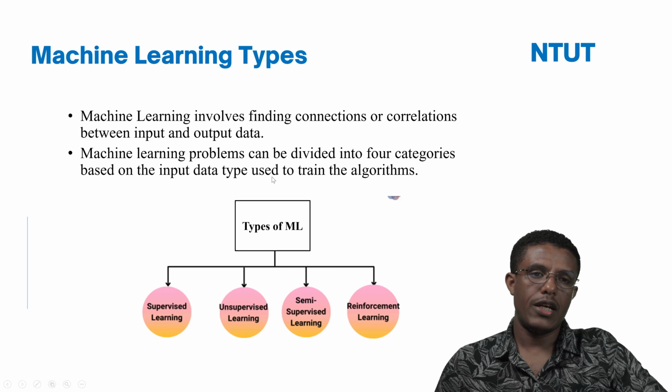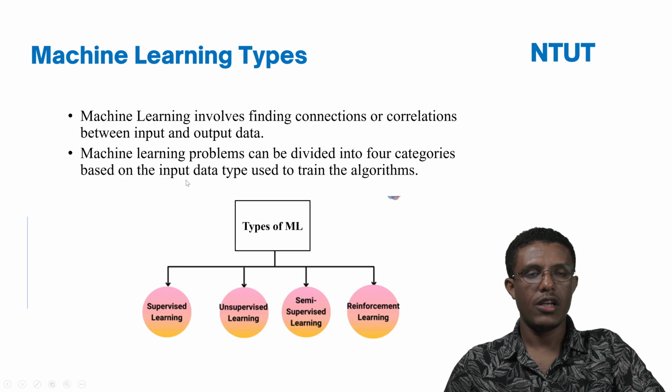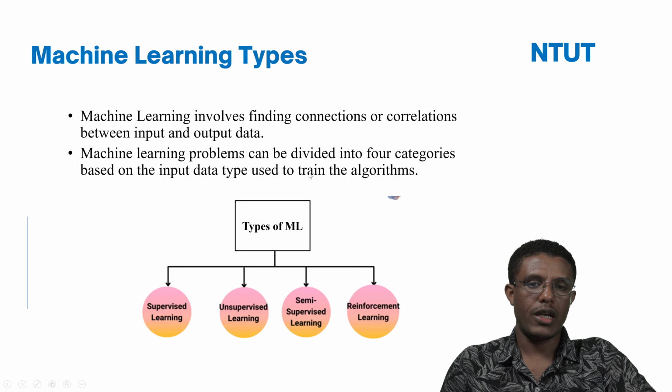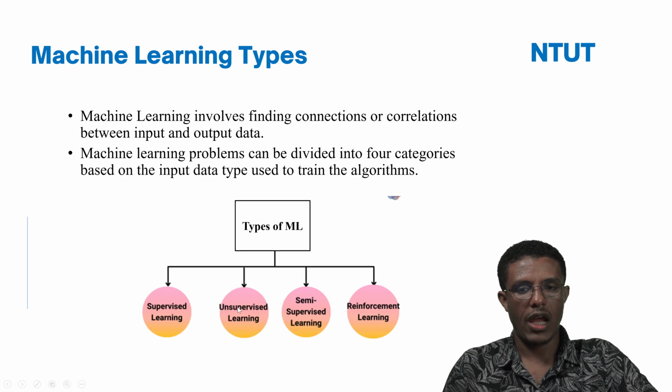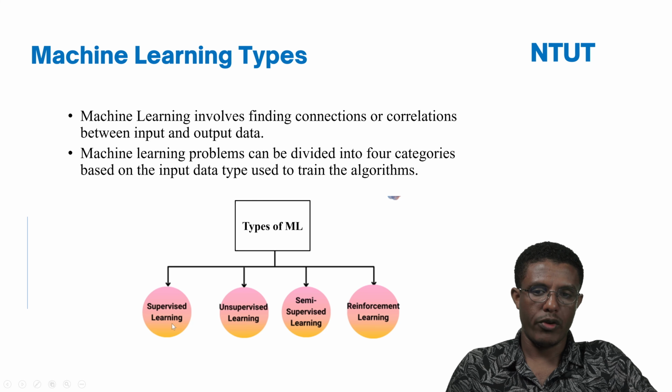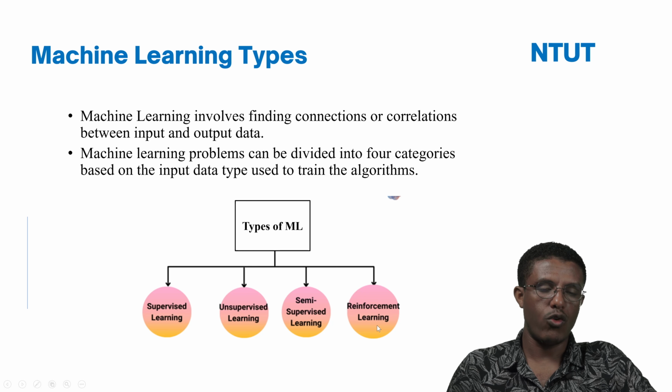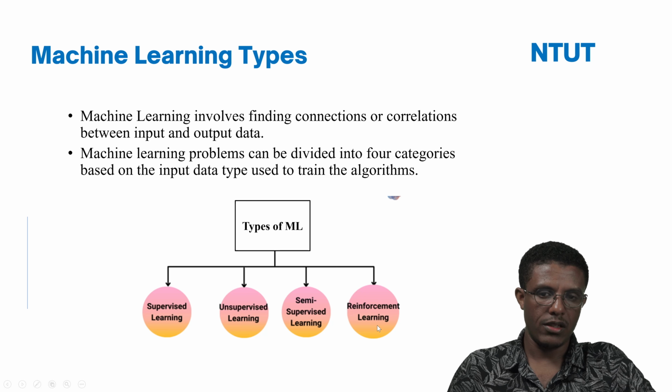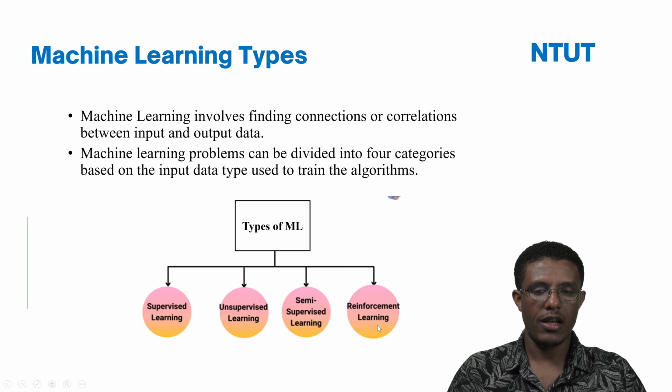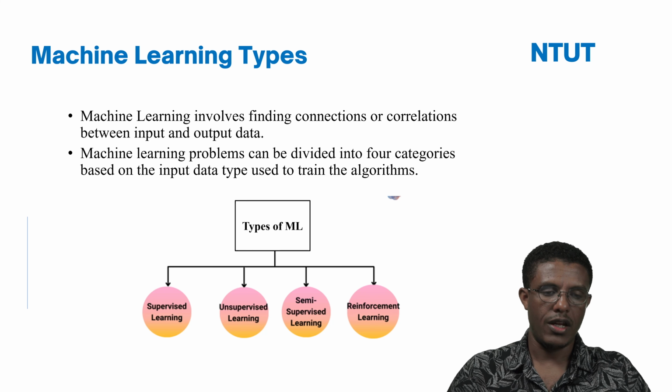So once the data is collected, based on the nature of that input data type, we can divide machine learning algorithms into 4 different types. The first one is supervised learning, the second is unsupervised learning, the third is semi-supervised learning, and the fourth is reinforcement learning. These 4 algorithms have different functions, depending on the data.